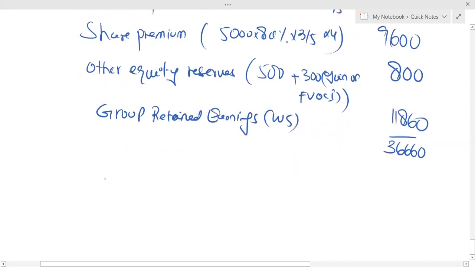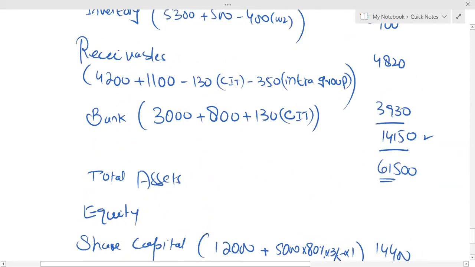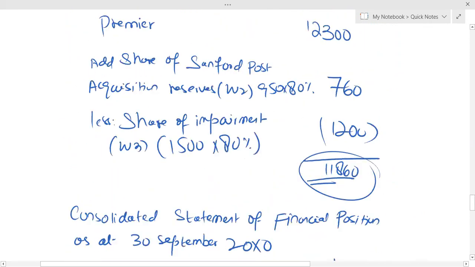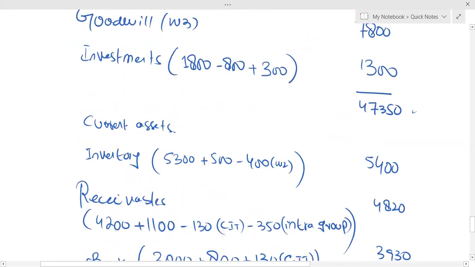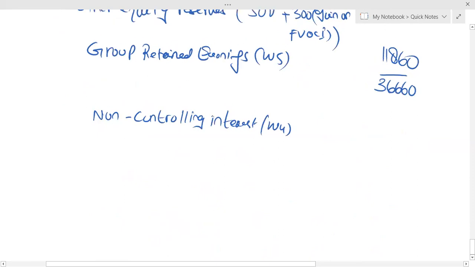Now let's take the non-controlling interest from working 4. Non-controlling interest working 4. It is 3,390. Total is 40,050. Now let's go to liabilities.